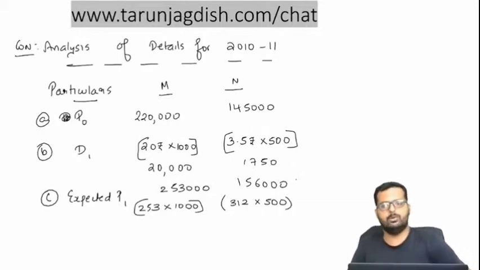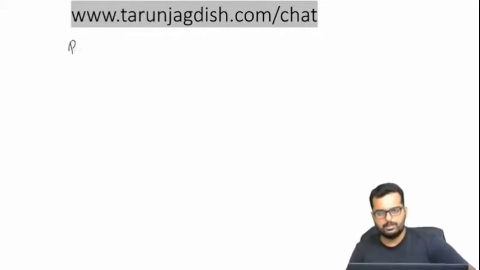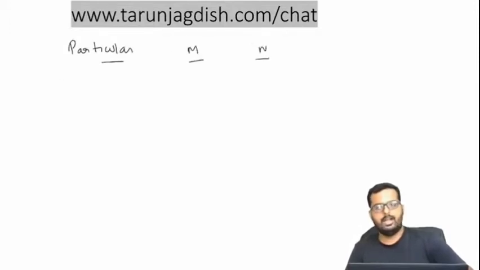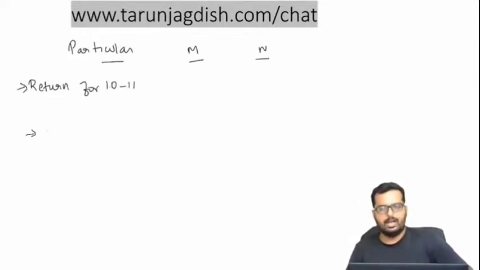Then you have to just find out the return. I'll put the format here. Particulars M, N. From this I'll find out the return for 2010-2011. And we have to take the weights. And from the weights, what can we find out? We can find out the weighted average return.